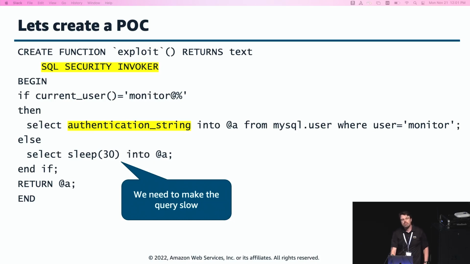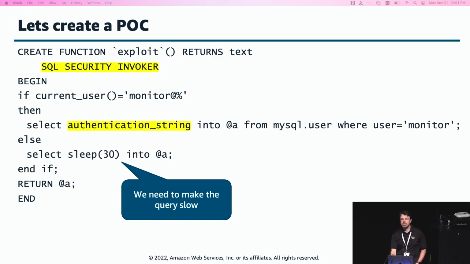SQL security basically says which security context this function will be running in. Invoker means that whoever runs it, the queries inside of this function will be run in the security context of whoever runs it. Invoker meaning whoever runs it.